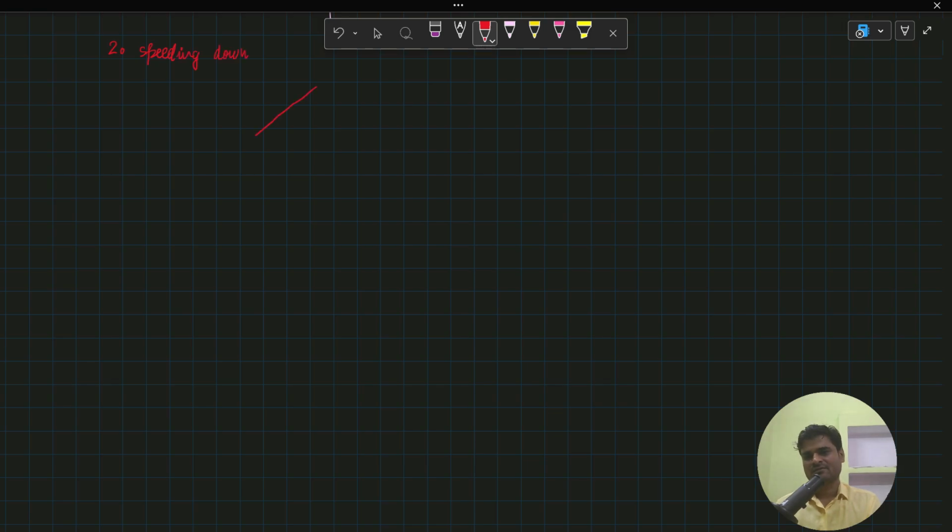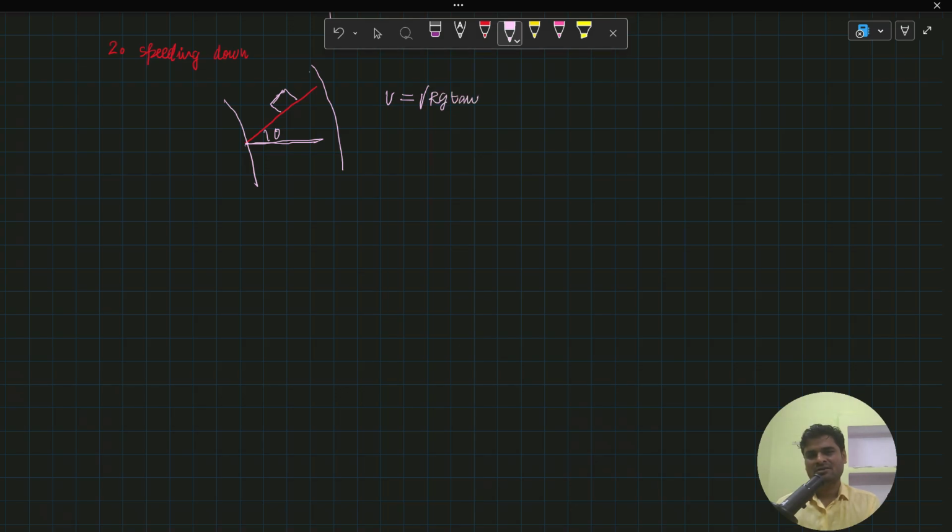So this is our banked road, and our vehicle is going on this road. We have found out that if the speed of the vehicle is √(rg tan θ), then there is no need of any friction.